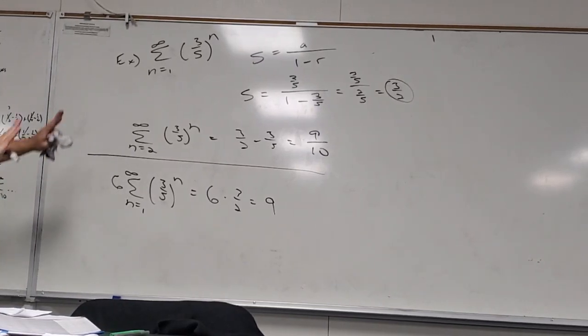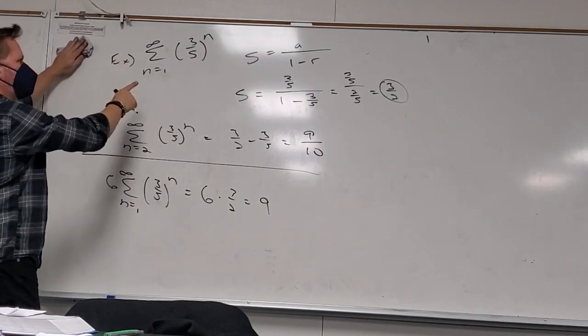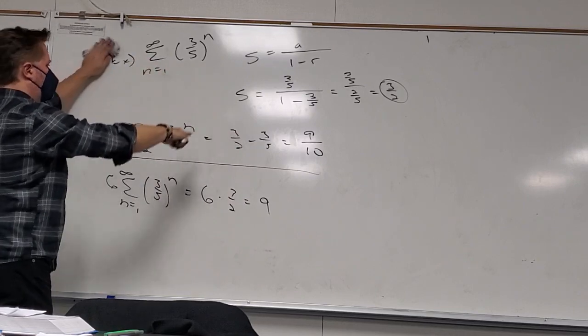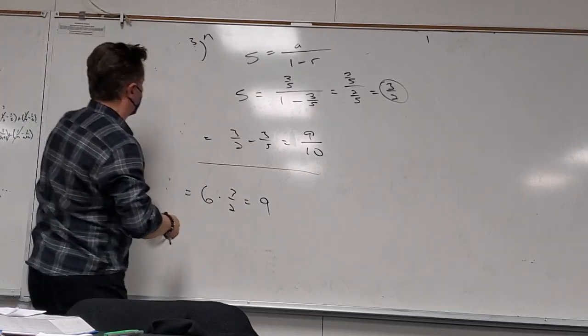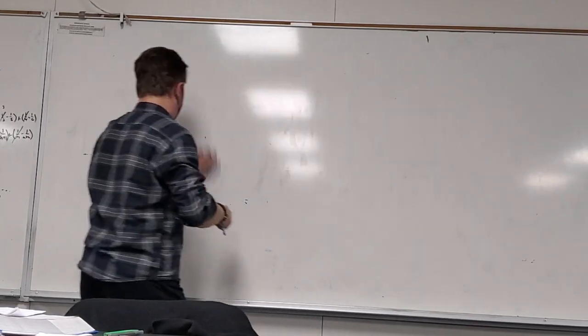Okay. So that's one little piece. There's a little bit of algebra of these things. I want to do one more thing with this, so keep track of this fact. How would you do this?